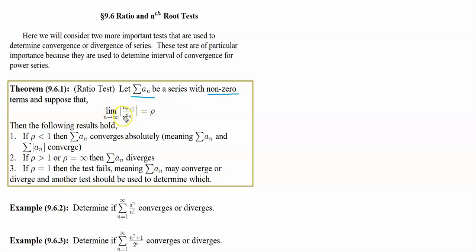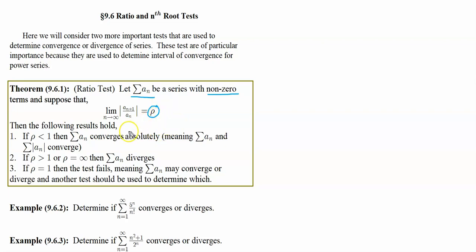So this is just the limit of the a_(n+1) term divided by the previous term in your a_n sequence. Take the absolute value of it. Now let's suppose that that limit is equal to rho. That's the Greek symbol rho.